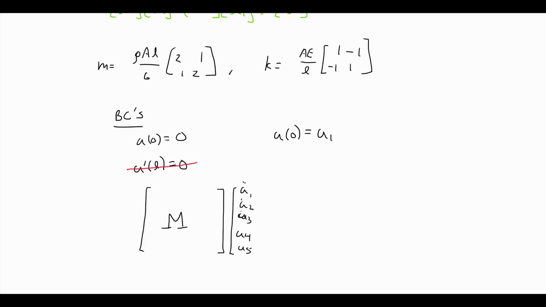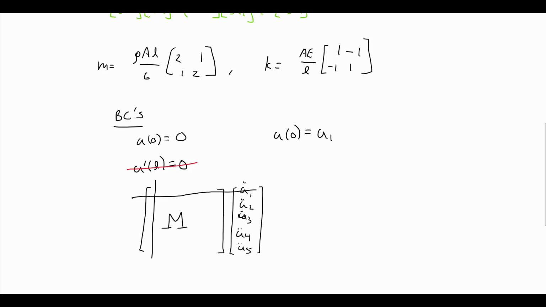We also know the acceleration is going to be 0 as well. So basically I need to eliminate the first row and first column of M, and that will guarantee that U1 and U1 double dot are always 0. And it's going to be the same thing for K. I want to eliminate its first row and its first column.